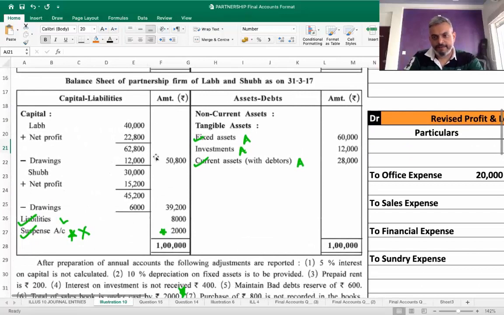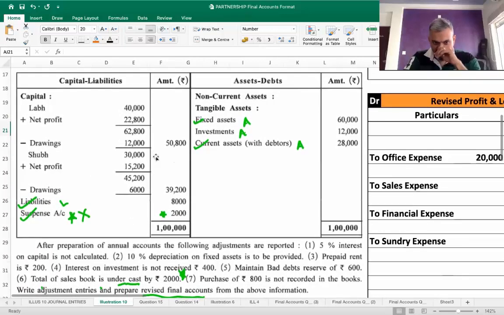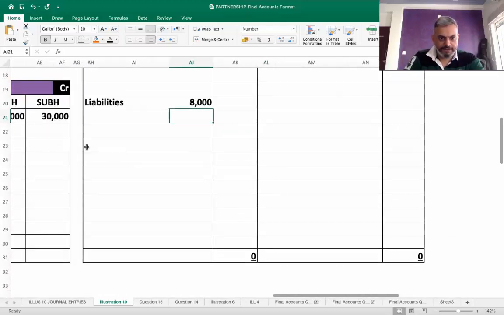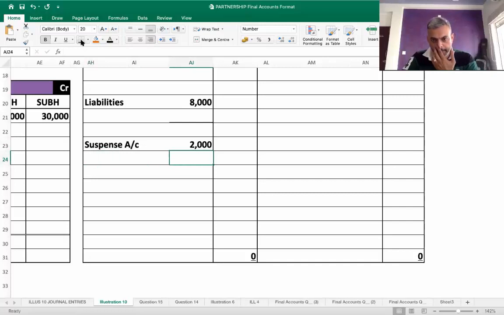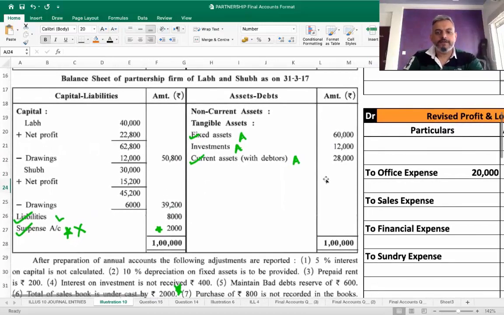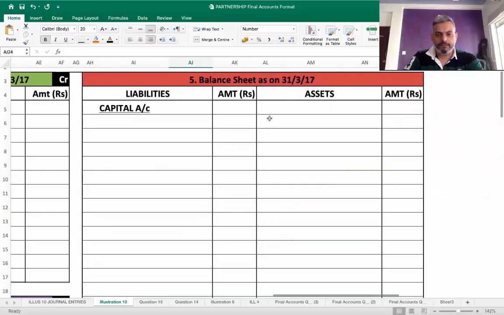And then suspense account. Now, for the sake of writing, we may write in the inner column. Okay, suspense account. I'll just show it to you how it works when we do the journal entry. Ultimately, it will be removed. Then fixed asset inner column 60,000.